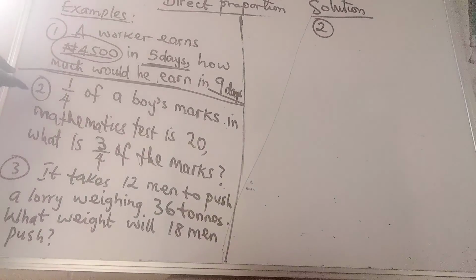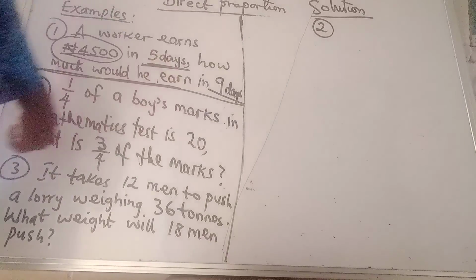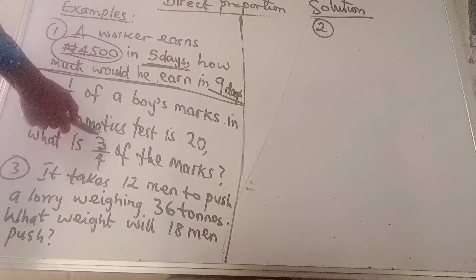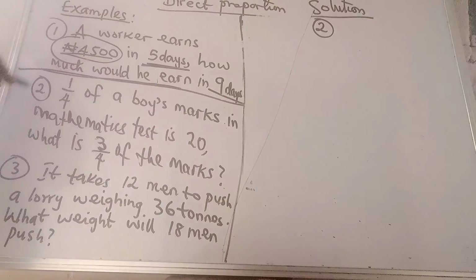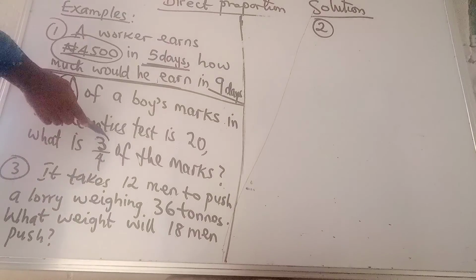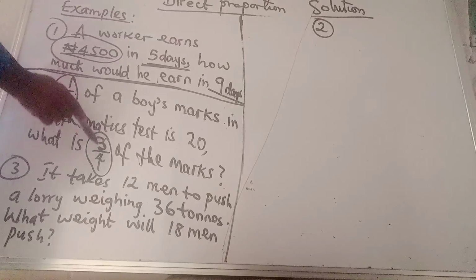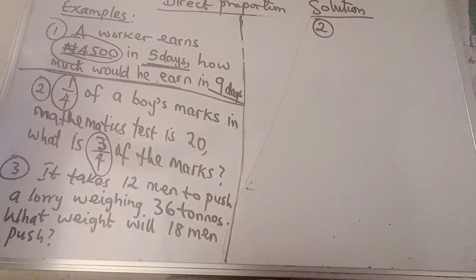In example 2, 1/4 of a boy's marks in a mathematics test is 20. What is 3/4 of the marks? We all know that 1/4 is less than 3/4. That means if we are moving from 1/4 to 3/4, we are increasing.